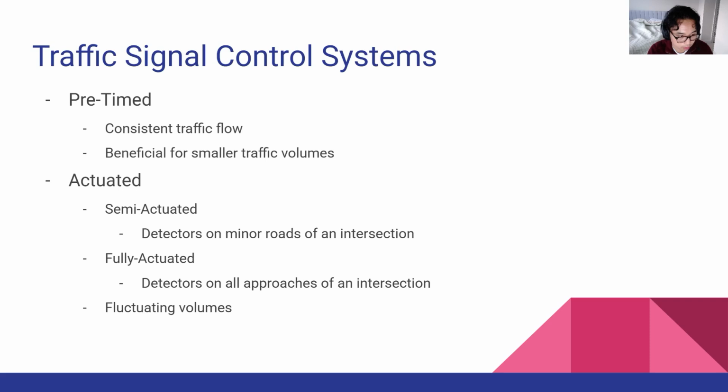And again, in this case, actuated is good for fluctuating volumes, and also larger traffic volumes, especially during, let's say, peak hour at an intersection with high traffic volumes, you don't want the vehicles on the main line to be waiting there while there's no vehicles on the minor roads, right? So for efficiency purposes, actuated is better for fluctuating volumes.